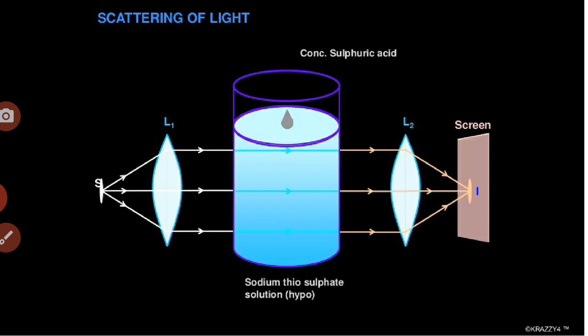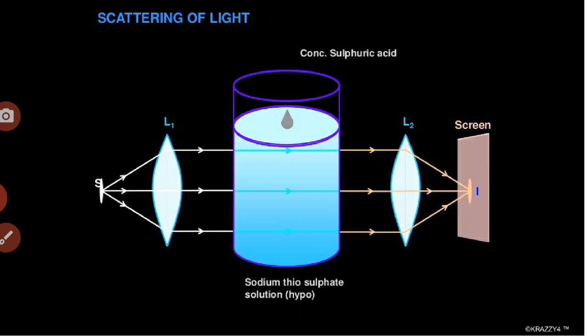Then allow the beam of light to pass through a circular hole made in a cardboard. Obtain a sharp image of the circular hole on the screen using a second converging lens L2.